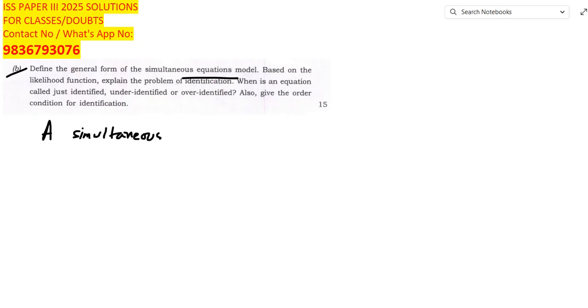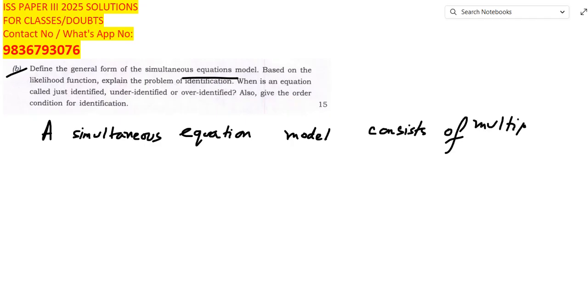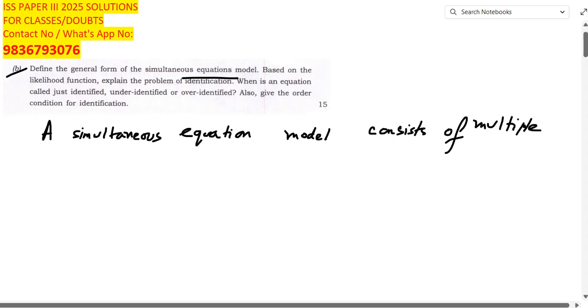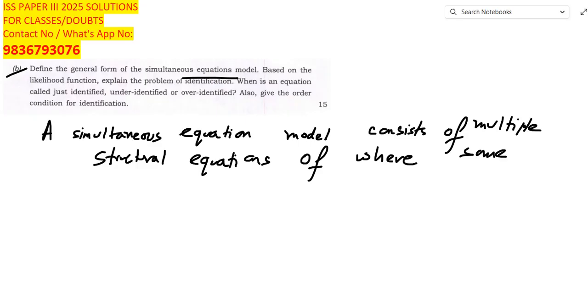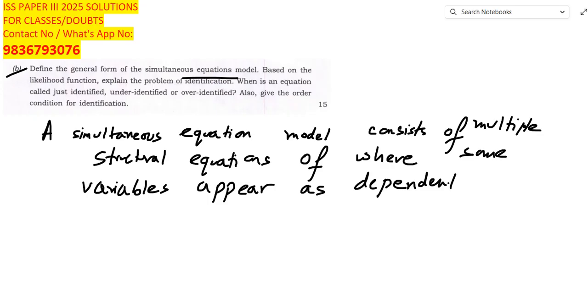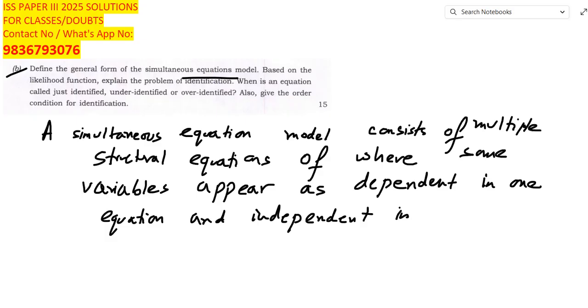Simultaneous equation model consists of multiple structural equations where some variables appear as dependent in one equation and independent in another.